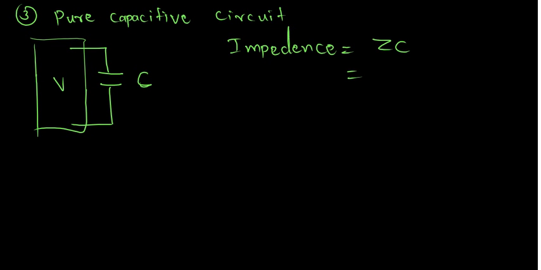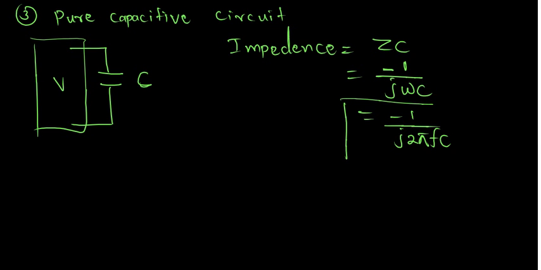The impedance of an inductor is j times omega times L. At the same time, the impedance of the capacitor is also an imaginary part, and it's called minus 1 over j omega C, so minus 1 over j times 2 pi f C. You have to remember these equations. The impedance of the capacitor is like this.